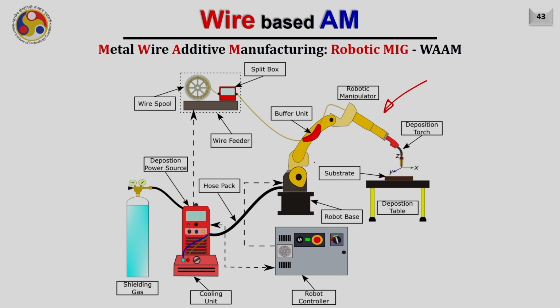Here you can see there is a robotic arm depositing the material on the substrate. The only issue is, if you are using a robotic arm and you want to deposit, for example, this type of feature, your gun has to tilt, not the substrate. Please remember that. In that case, it will become like overhead, vertical or horizontal welding.